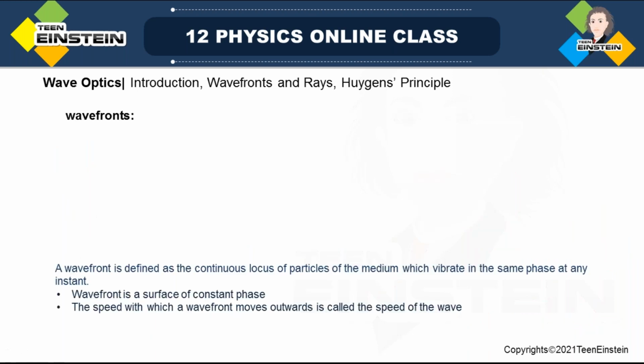Okay, so our today's topic will be wavefront. So far we had an introduction. Now we'll go to the actual topic, that is wavefront, ray, and Huygens principle, and using Huygens principle, how we can prove things. Whenever there is a better theory, it must explain the phenomena which were explained by the older theory.